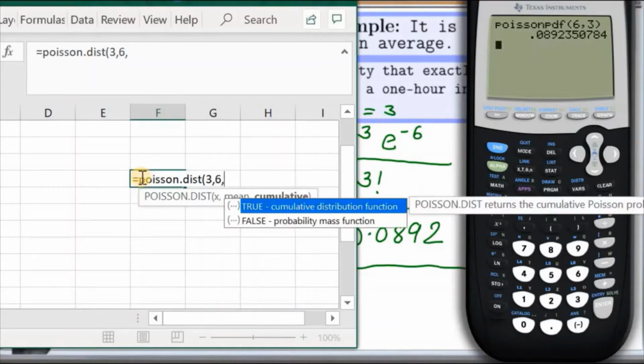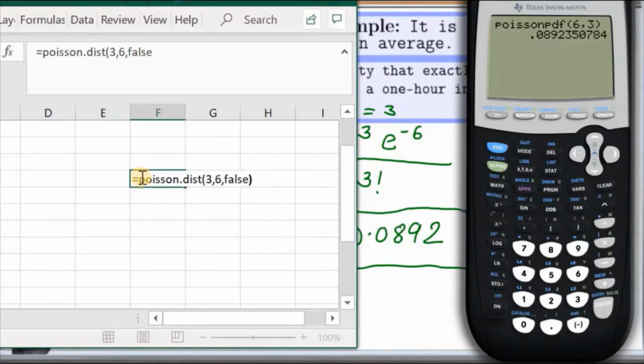Then here we'll be typing false since we are trying to find probability at 3. Then close parentheses, then hit enter. And this is exactly what we found using calculator, using formula, and also using Excel. Let's move on to the next question.